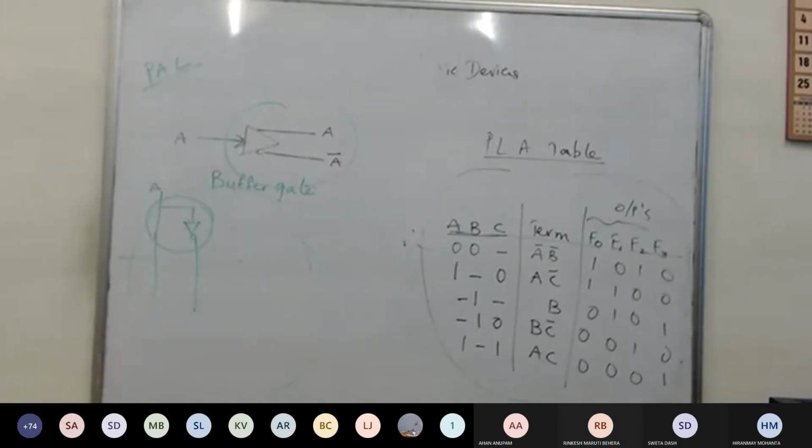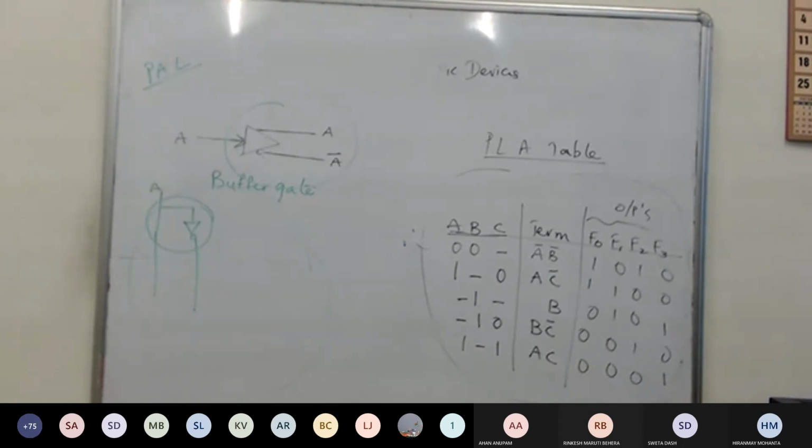Okay, so in fact, the crisp way to explain this PAL is that the device is changed. What exactly happens with the device? The devices are using buffers instead of regular gates. Please try to understand what a buffer means. A buffer is nothing but a circuit or a logic gate which can provide the regular version, its uncomplemented form, and the complemented form from the same gate.